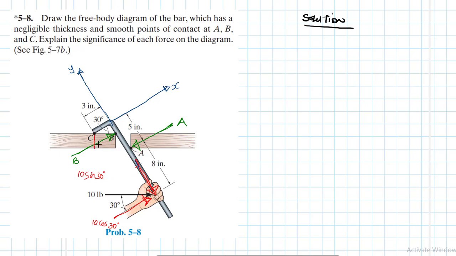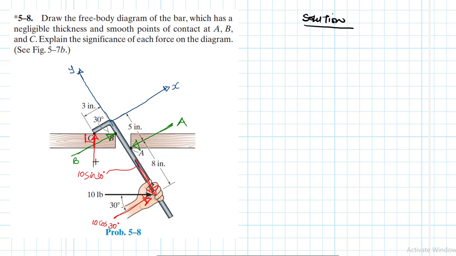Because look at the direction of the point of contact. Let me redraw it properly. So we expect a normal force here like that. This one will just come straight like this. This one here is 90 degrees.